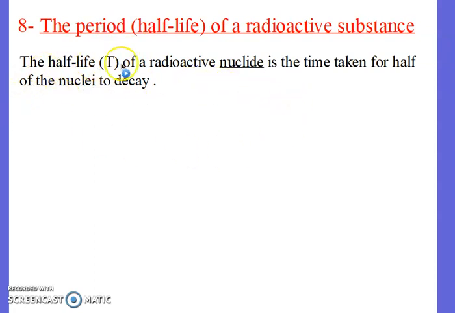So the half-life or period T of a radioactive nuclide is the time taken for half to decay. If half decayed, I mean half transformed, then how many nuclei remain? Half, right?